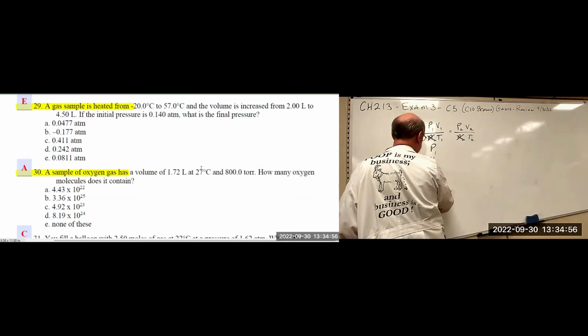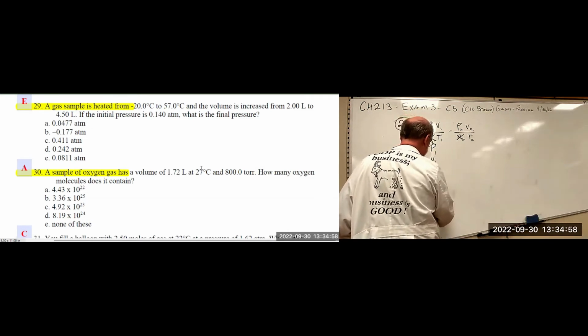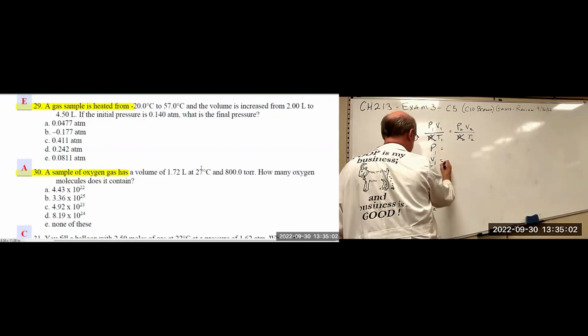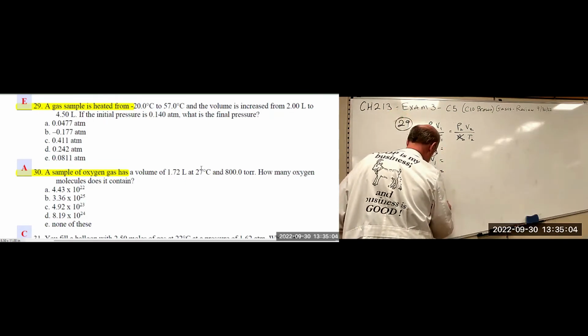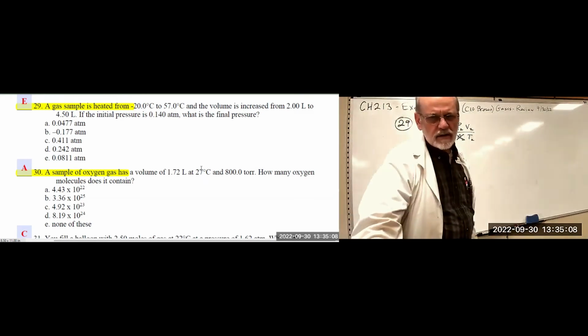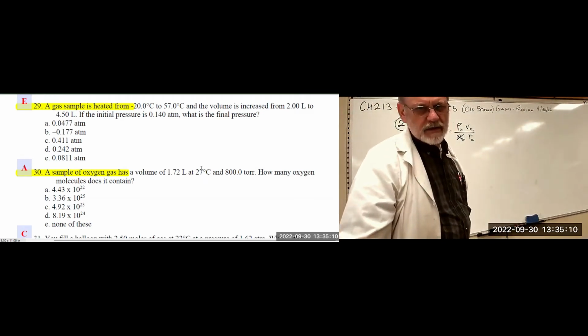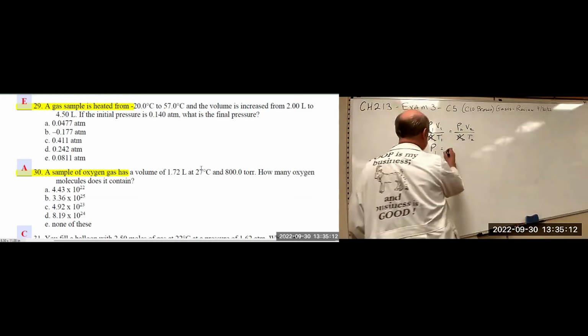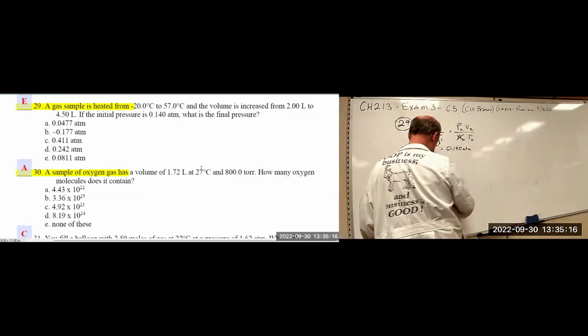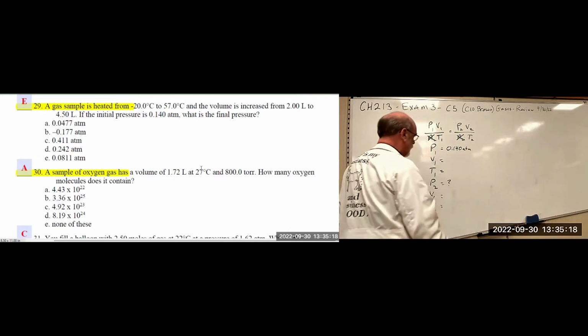P1, V1, T1; P2, V2, T2. So what's the initial pressure? The initial pressure is 0.140 atmospheres. And this pressure is the one we want to know.